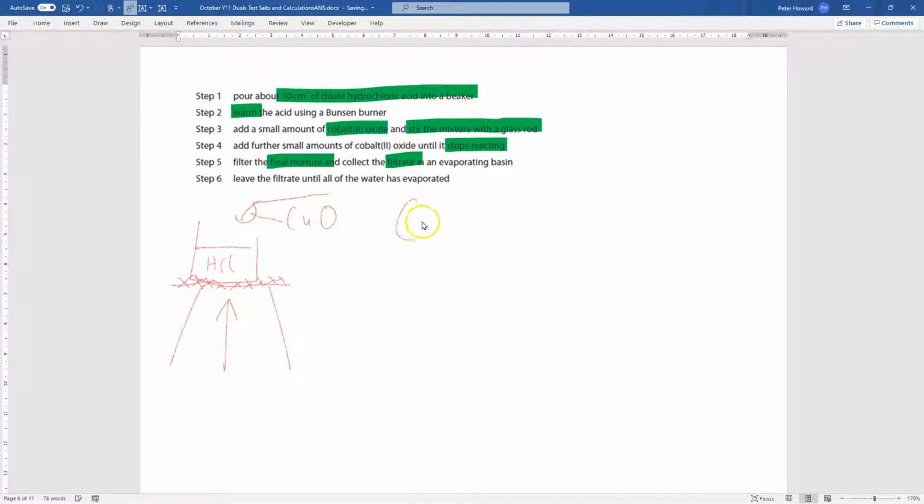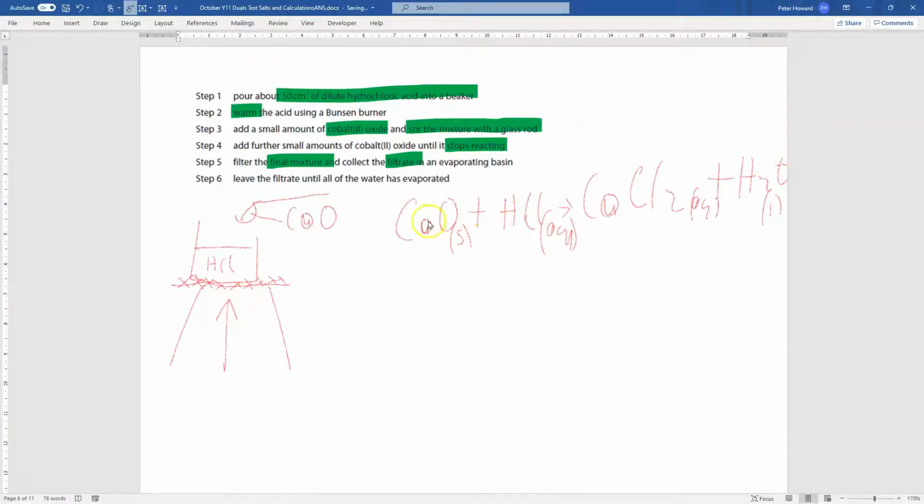If you think what's happening, the CuO will react with the HCl to form cobalt-2 chloride and water. That's a solid. Acids are aqueous. Cobalt rather, oops, just changed that by mistake. Cobalt chloride is aqueous and water is a liquid. So we've got a solid and a liquid.